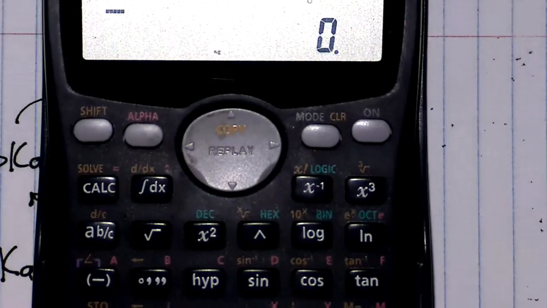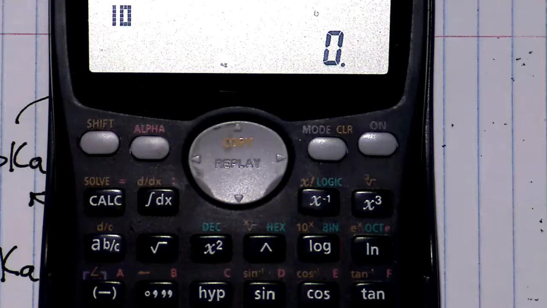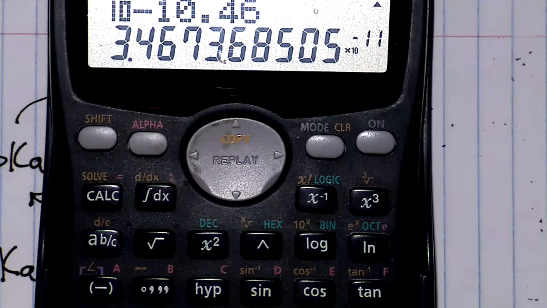So if I take the inverse log of 10 to the power of minus 10.46, I get 3.46 times 10 to the minus 11. So that would be my Ka value.